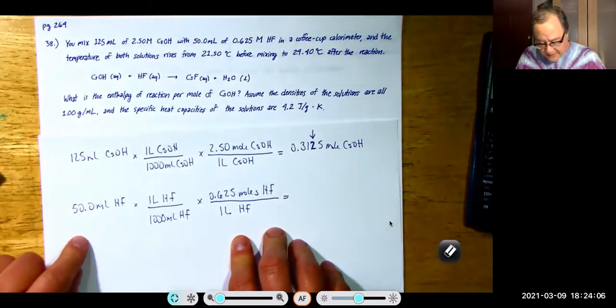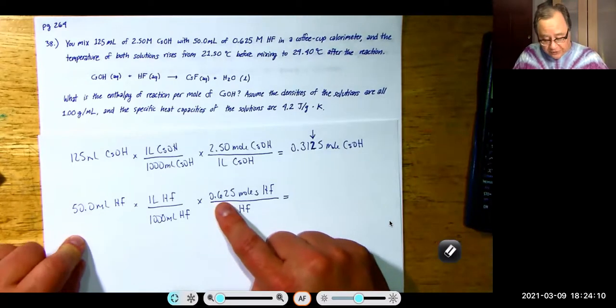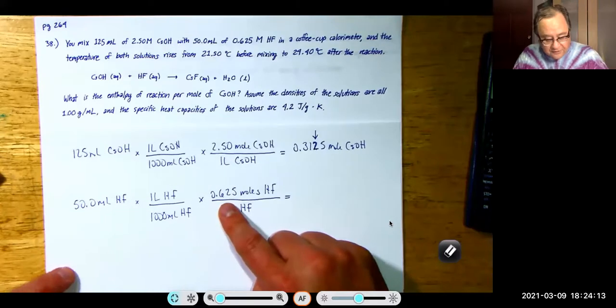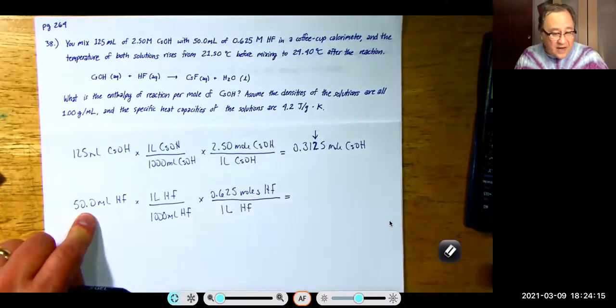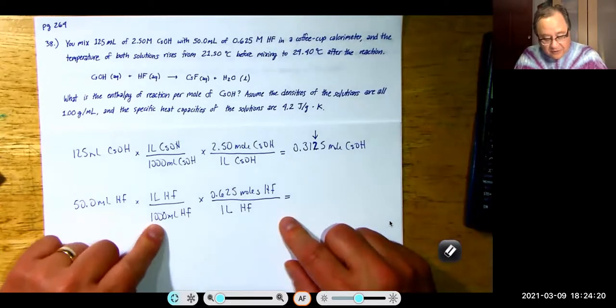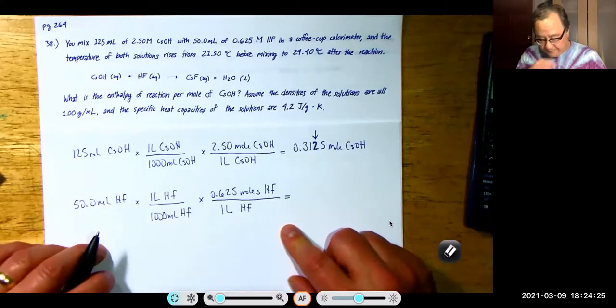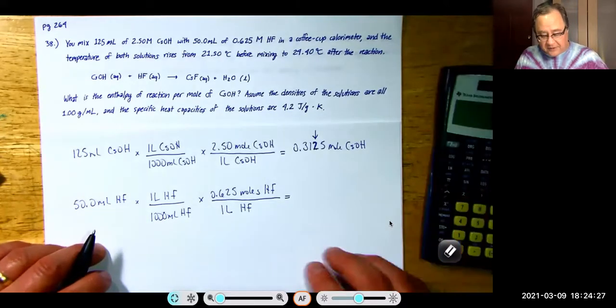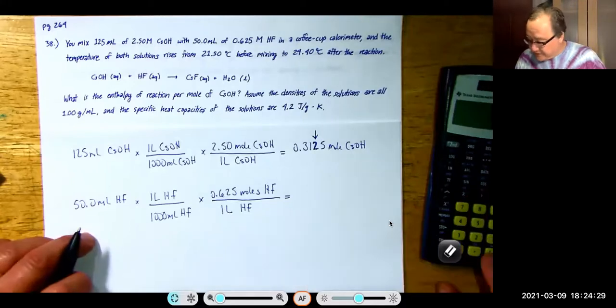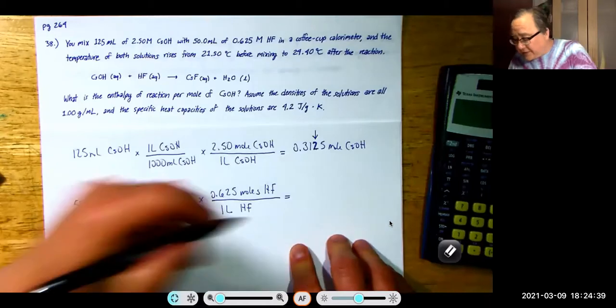Now, the way I guess I would do this is, 0.62 is close to 2/3. So 2/3 of 50 is roughly 75, 74. So 74 divided by 1,000 is going to be something like 0.074. All right, so let's see what happens. 50 times 0.625 divided by 1,000. And I did something wrong.